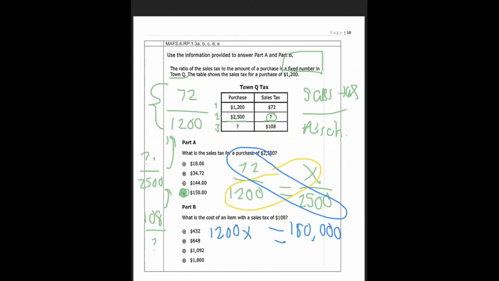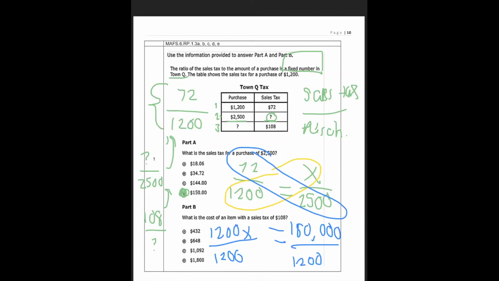Okay. Now all we have to do is solve for X. This goes back to what we were saying in the previous problem. In order to get X by itself, we have to do the opposite. So you have to divide by 1,200 on both sides.